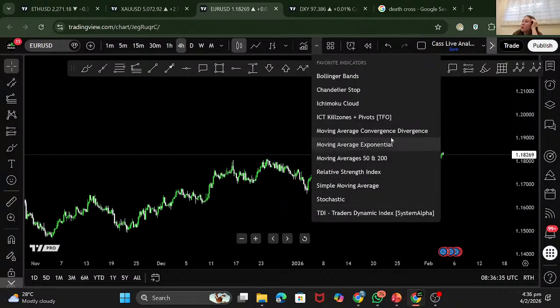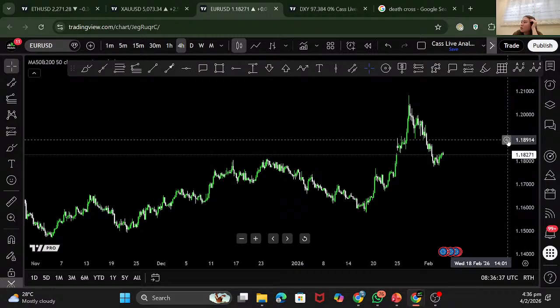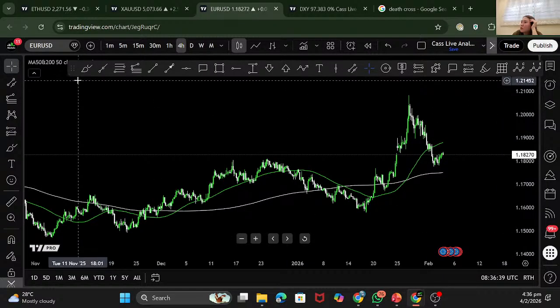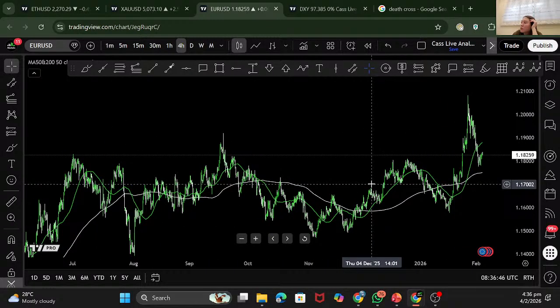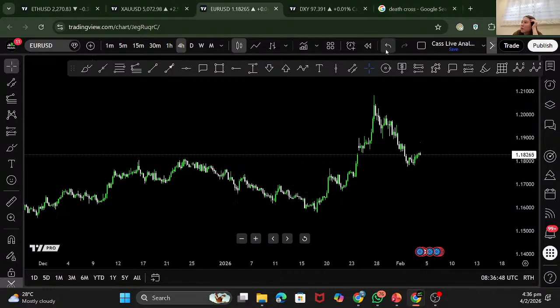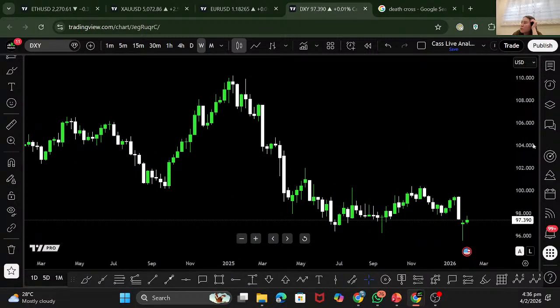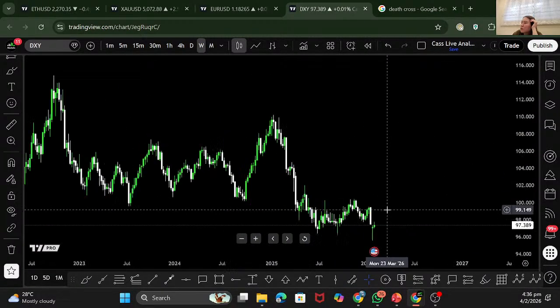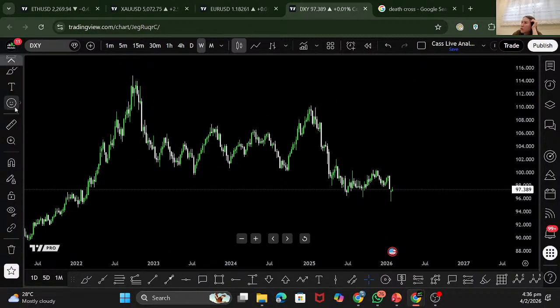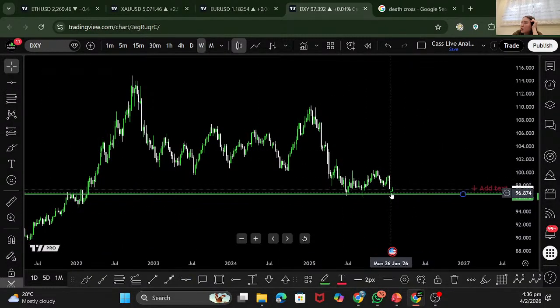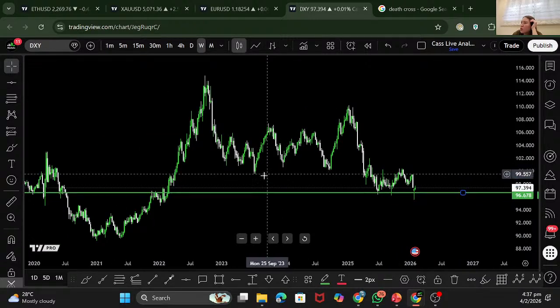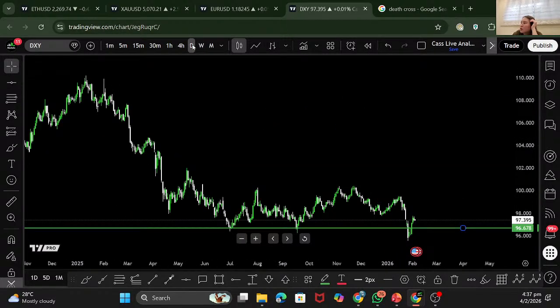I don't think the momentum is right. DXY needs to break this area as well. So DXY is also at a resistance.